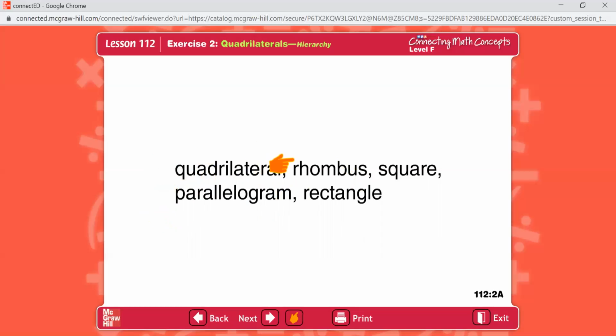Quadrilateral, rhombus, square, parallelogram, rectangle. So write the names and the answers for A through J. Do all this on your own right now. Resume when you're ready to check.